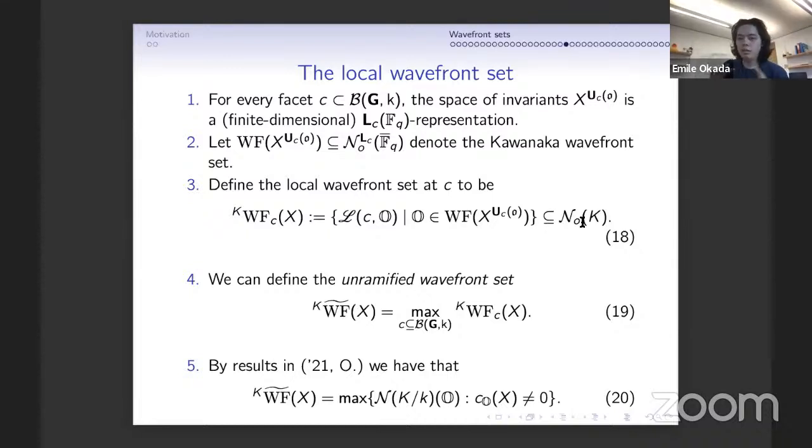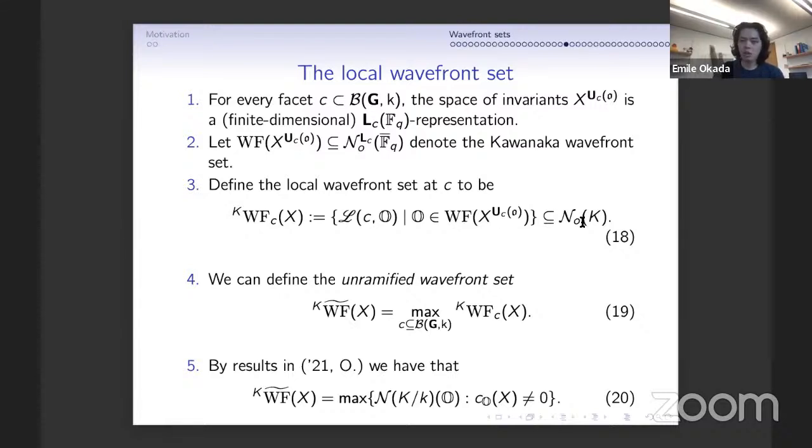There's two issues with working with the unramified wavefront set. The first one is there's no really nice description of the unramified nilpotent orbits. So when you're working over K bar, there's this result of Pommerening. We can just work over C. But for capital K, there's no nice description.